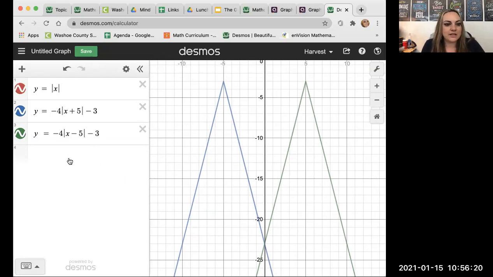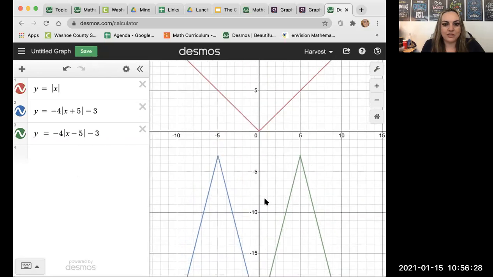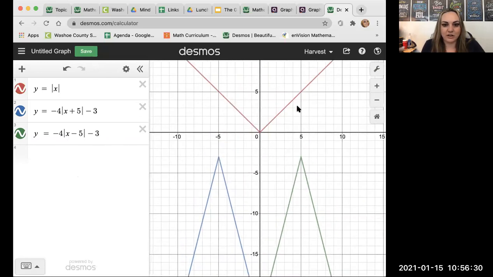So this is what this lesson is all about. If you can make the connection between all the a, h, and k values and how that moves the graph and changes it from the parent function, then you'll understand how to graph it. To graph it, you always want to start with the vertex.